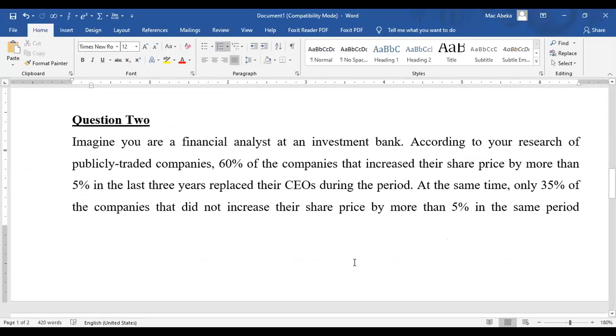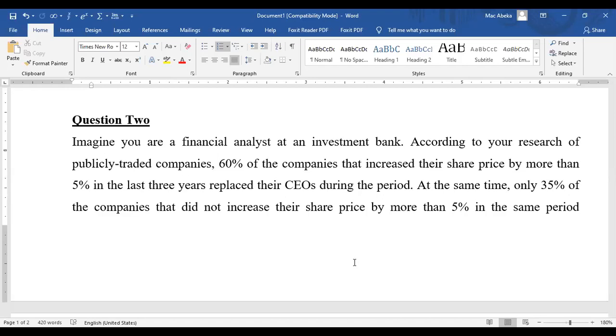Now, the question says that imagine you are a financial analyst at an investment bank. According to your research of publicly traded companies, 60% of the companies that increased their share price by more than 5% in the last 3 years replaced their CEOs during the period.